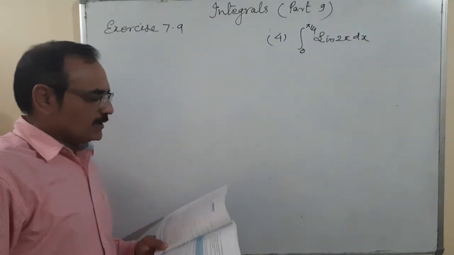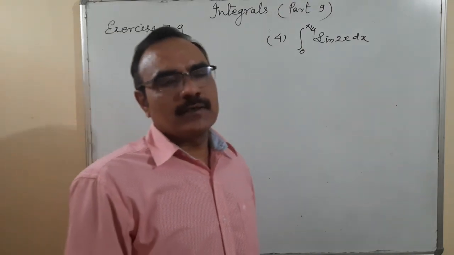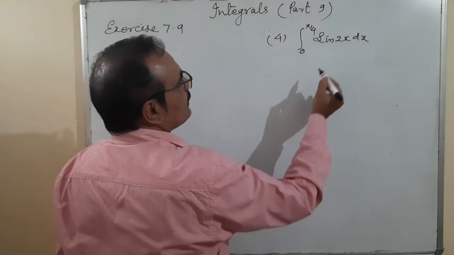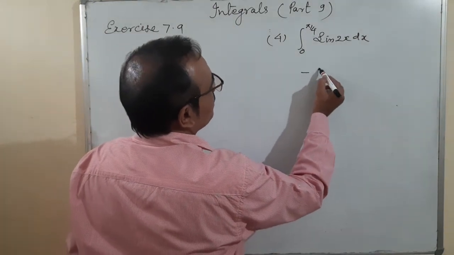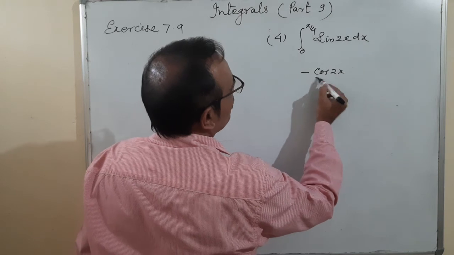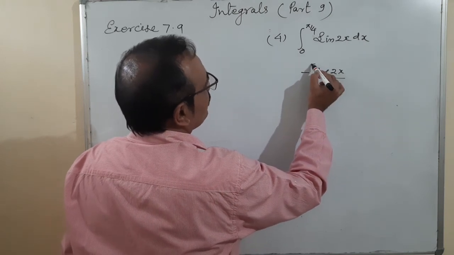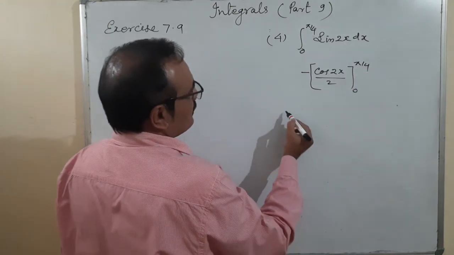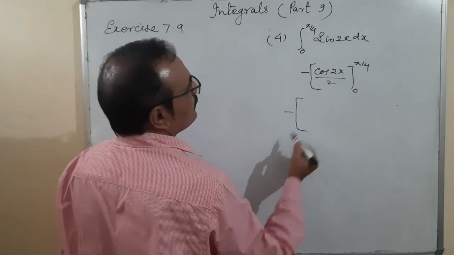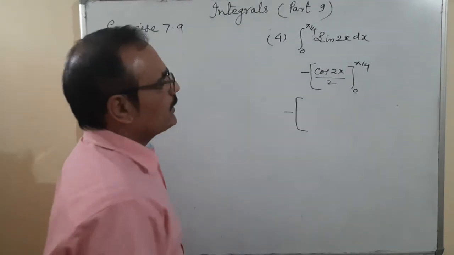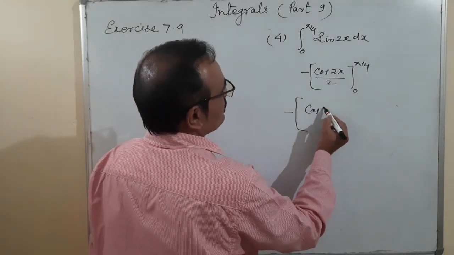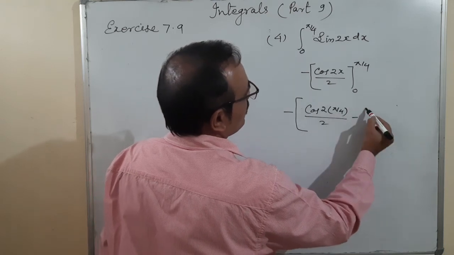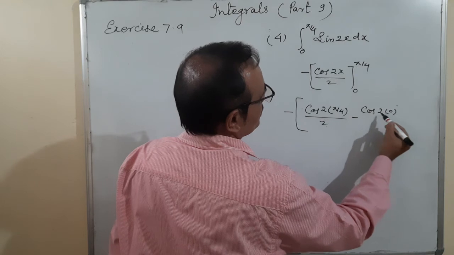The integration of sine 2x, directly, is minus cos 2x upon 2, with limits 0 to pi by 4, the minus sign outside. First I have to put the upper limit: cos 2 times pi by 4 upon 2, minus the lower limit: cos 2 times 0 upon 2.